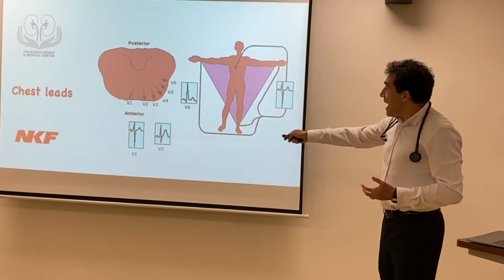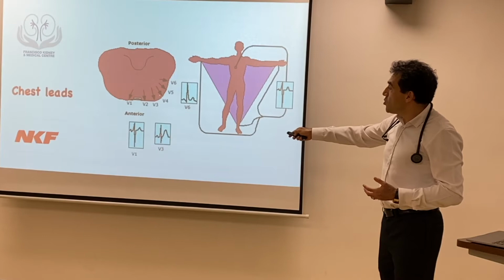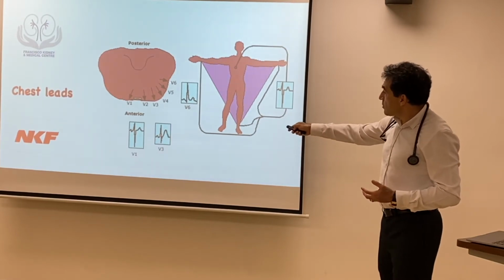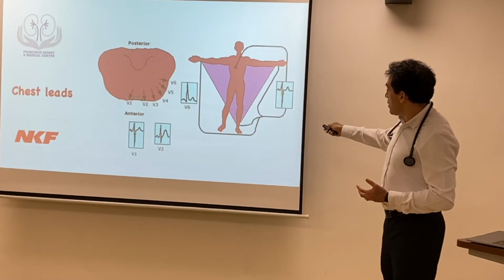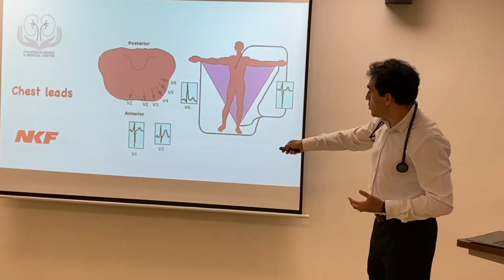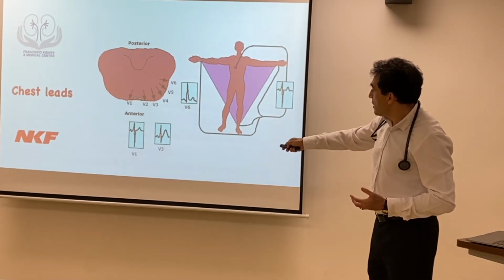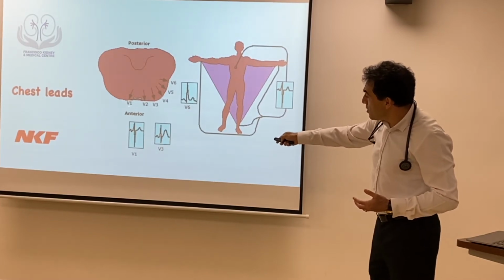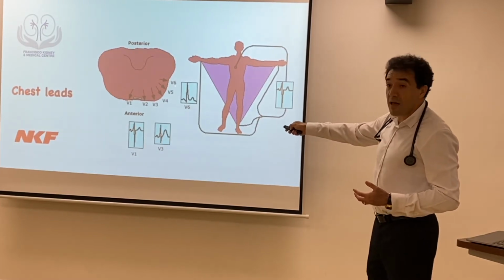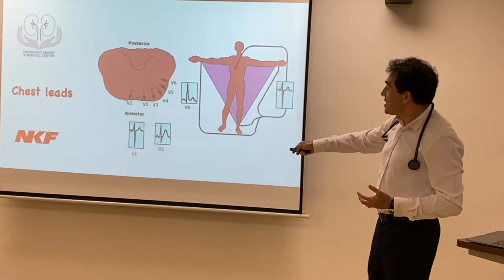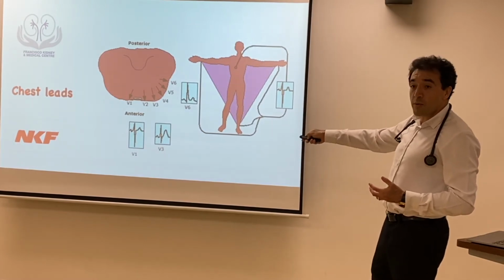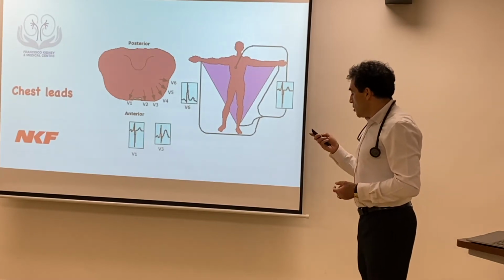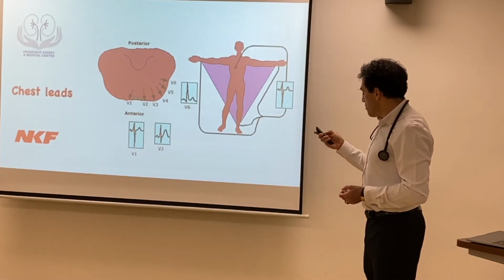So every lead gives you the image of the electrical activity. For example, V6, compared to, let's say, V1, is a little bit different because when the electrical activity is moving in this direction, it is probably moving away from that one, and vice versa. So you see that it's kind of different, the image is opposite. That's very important for you to know if you're interested in the basics.